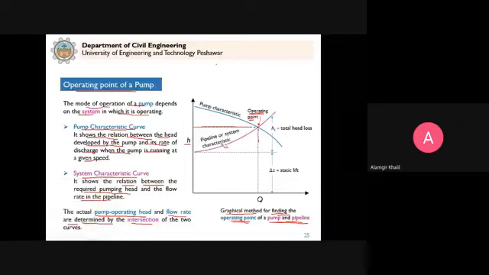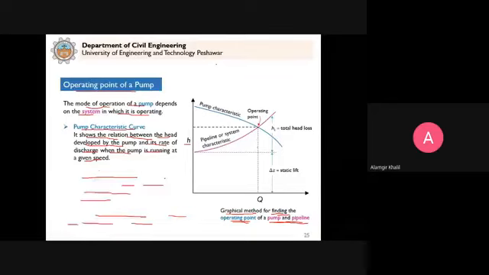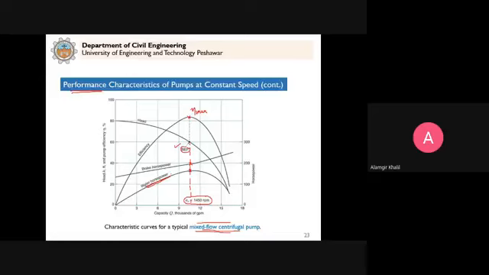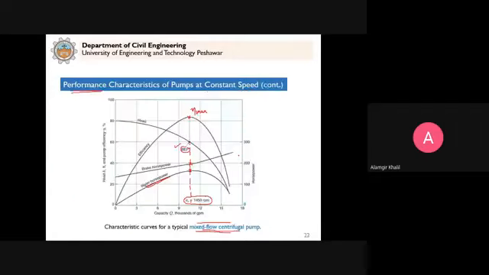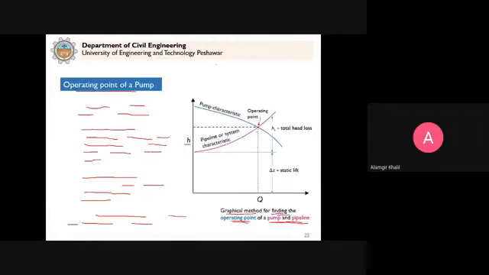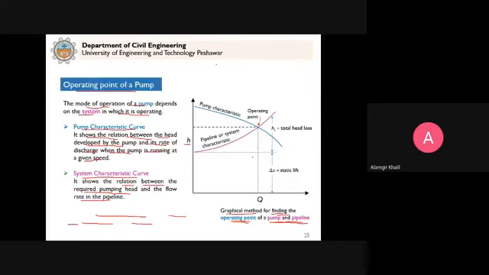And remember that this operating point must correspond to the maximum efficiency. As you see here, the point that we determine must correspond to maximum efficiency. If it does not, then it means that the pump is not suitable for that job.